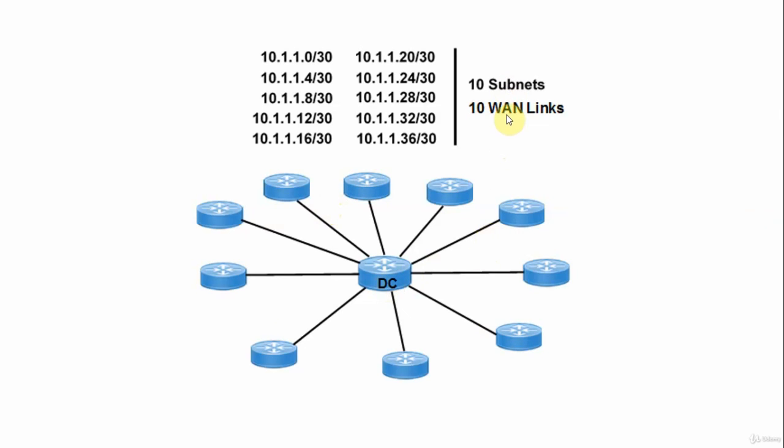There are 10 subnets, which equals 10 WAN links. I'm showing the 10 subnets: 4, 8, 12, 16, 20, 24, 28, 32, and 36. I got up to 36, and that's all I really need to do because there's only 10 offices. That shows you the network topology and the addresses that you would assign.